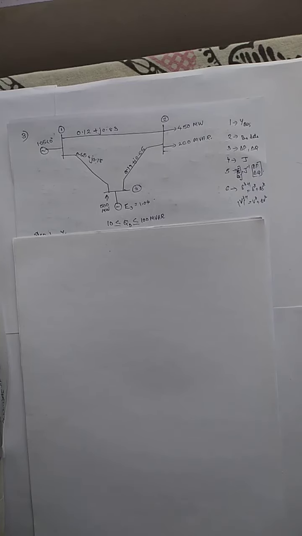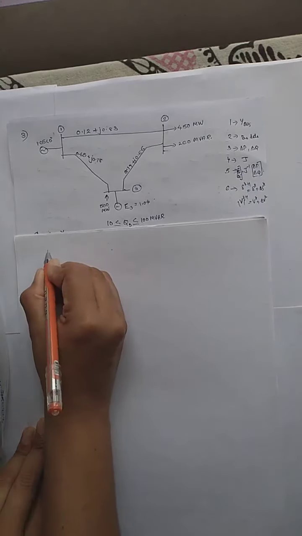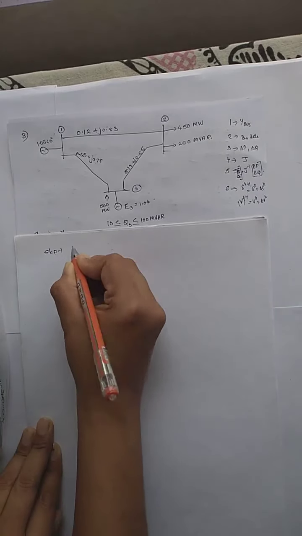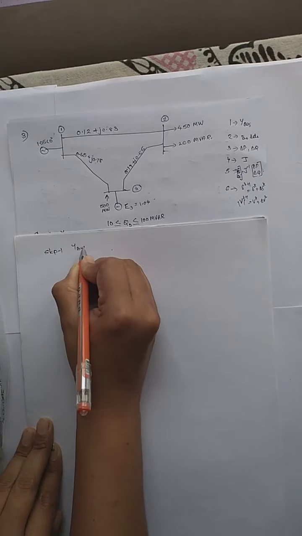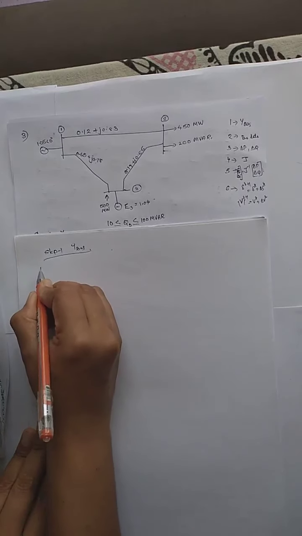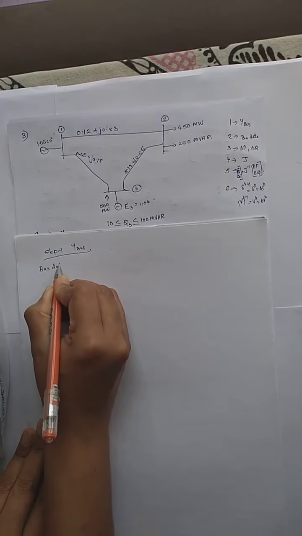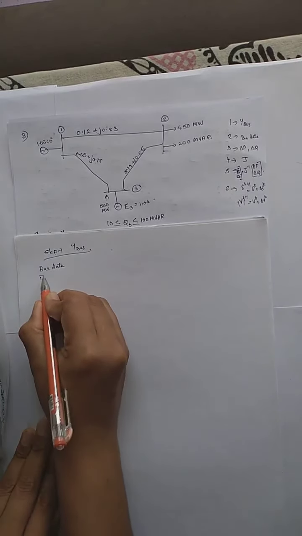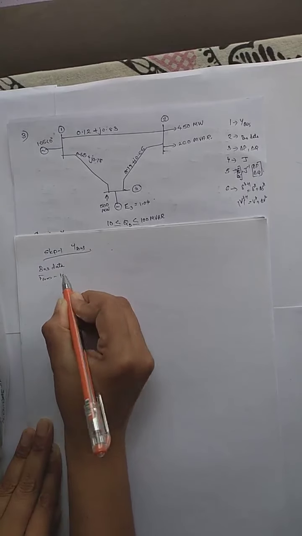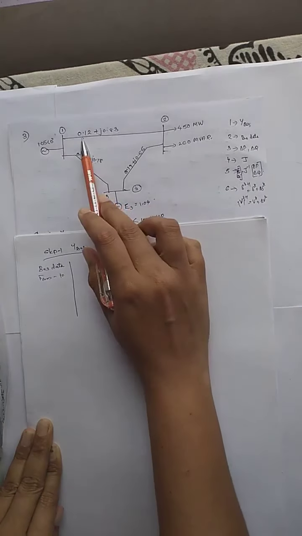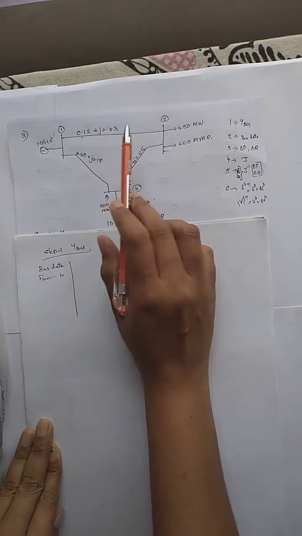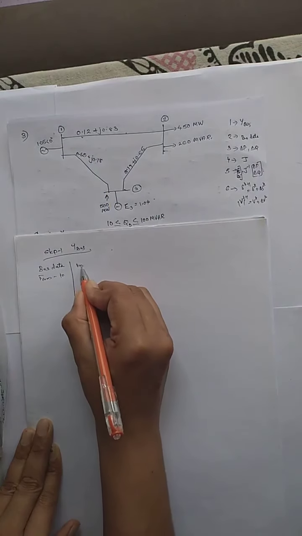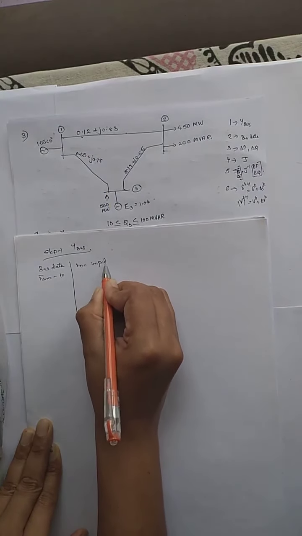Okay, so for my table, step 1 is to find out my Y bus. Here the given data is in impedance form, R plus jX, so we have to find the corresponding admittance.